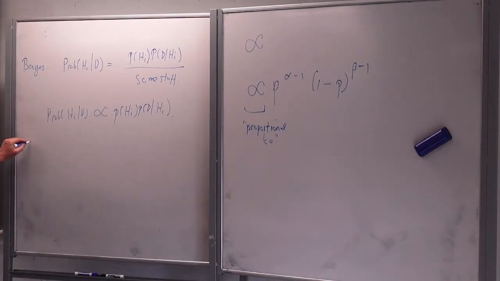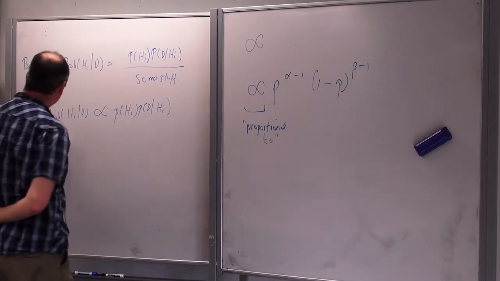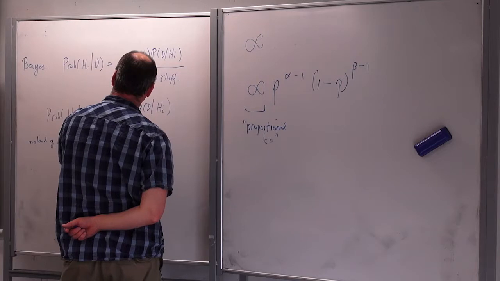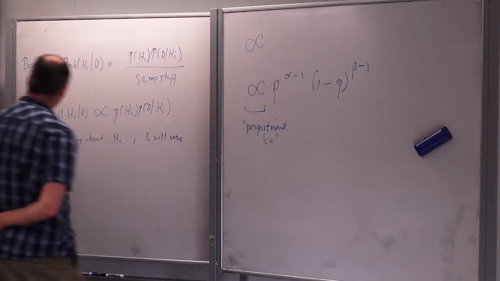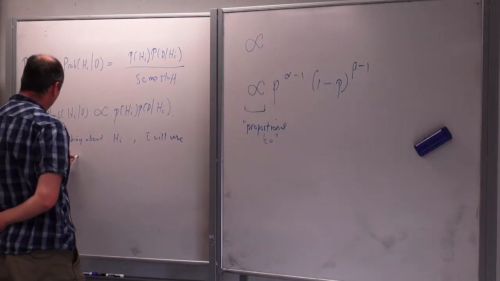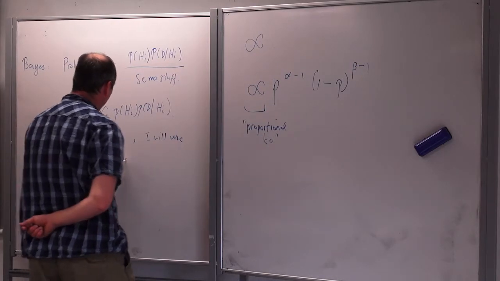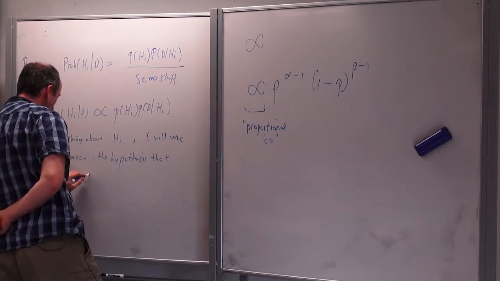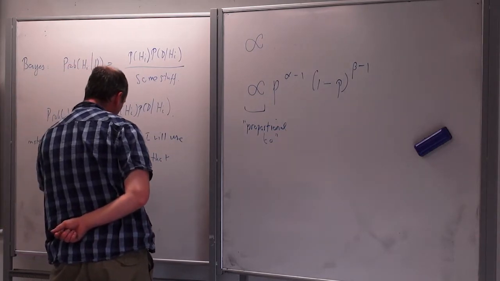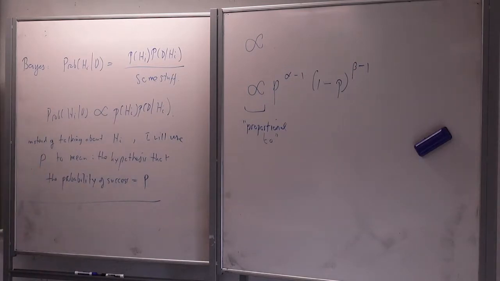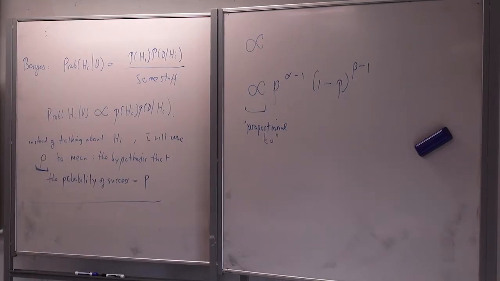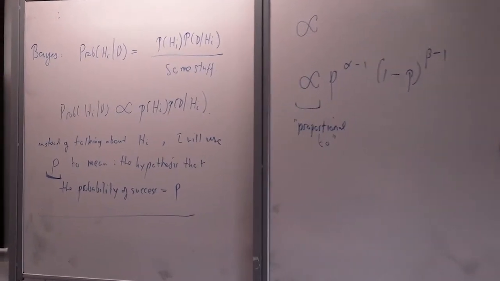So now I'm going to move notation. Instead of talking about H_i, I will use P to mean the hypothesis that the probability of success equals P. So you might say P equals 0.5, and that says, I'm telling you, that's my hypothesis, that P equals 0.5.